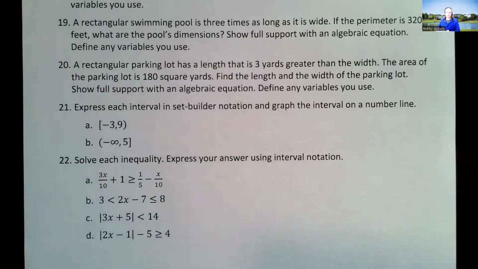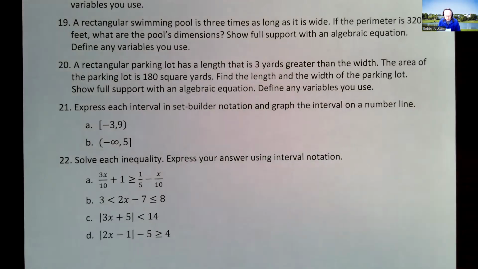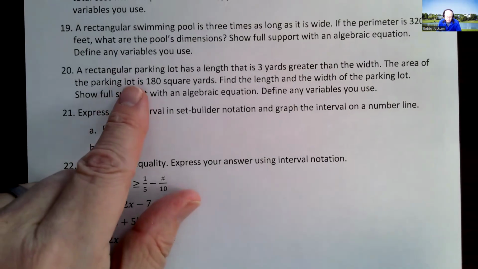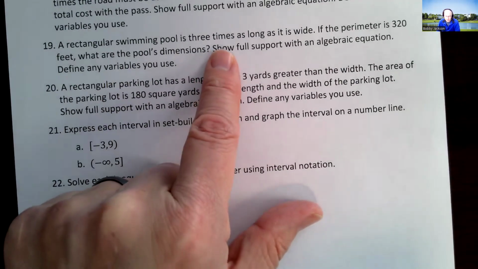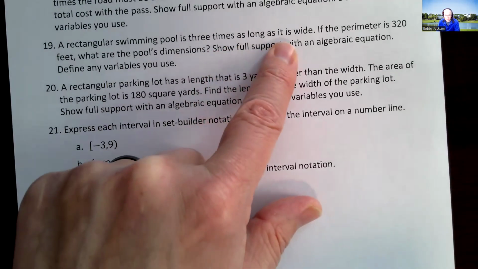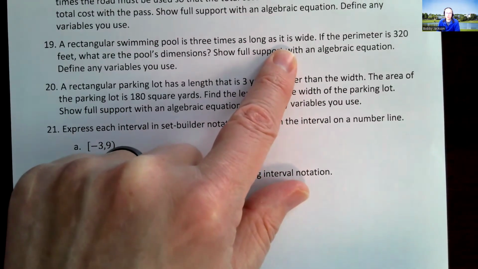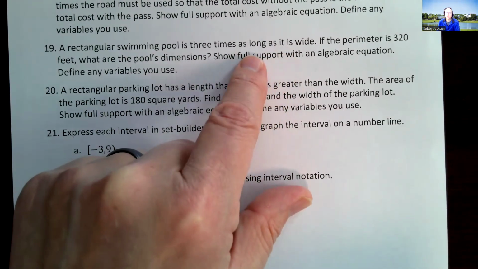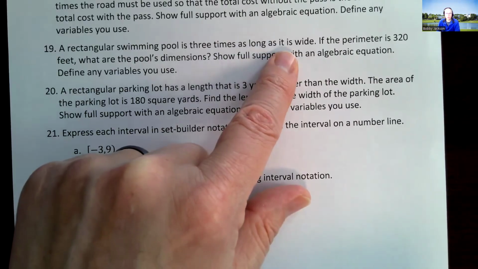Okay. So the way I'm going to proceed with this problem is, first of all, when we say what are a pool's dimensions, what do we mean? We typically call them the length and the width. Those are the two different side lengths on the rectangle. And the perimeter is the total distance around, right? So notice, since we're told that the swimming pool is 3 times as long as it is wide, basically meaning that the length will be 3 times the width, right?